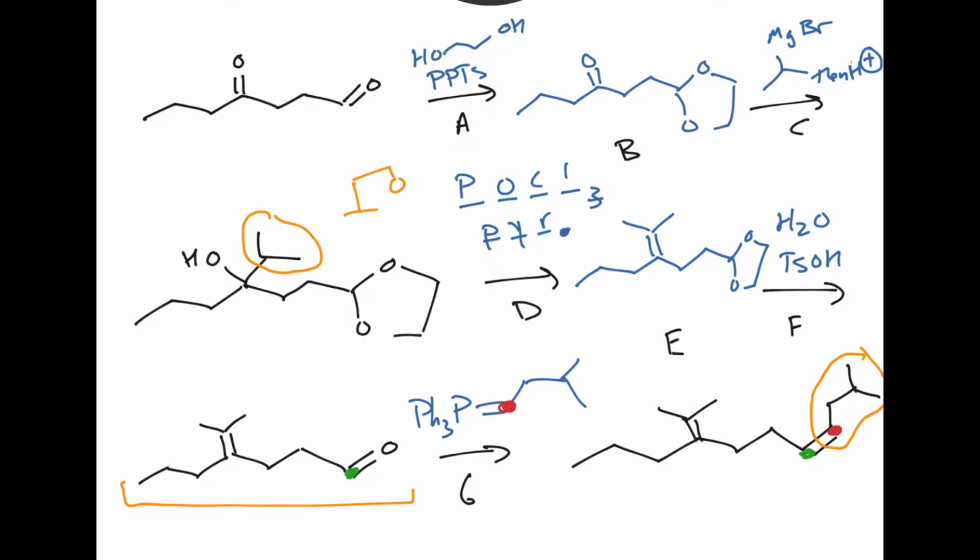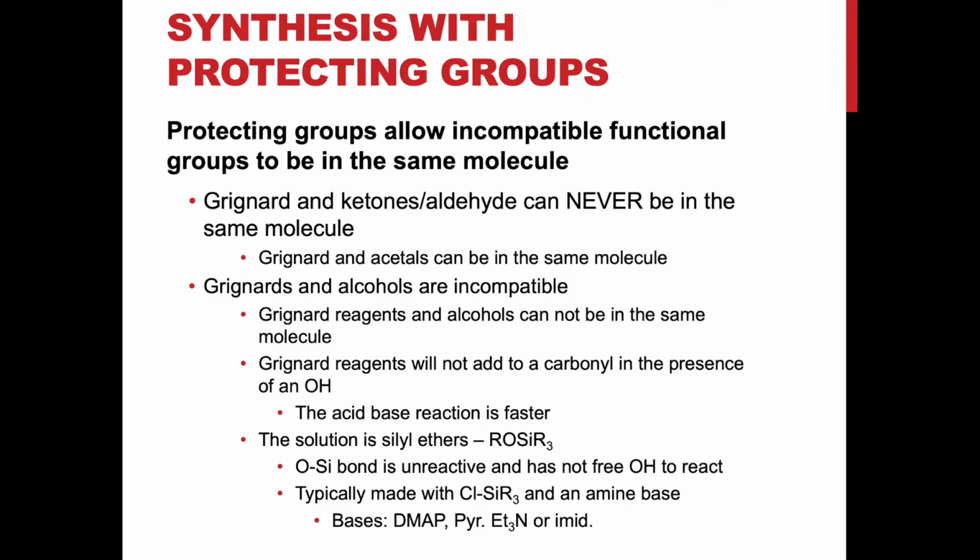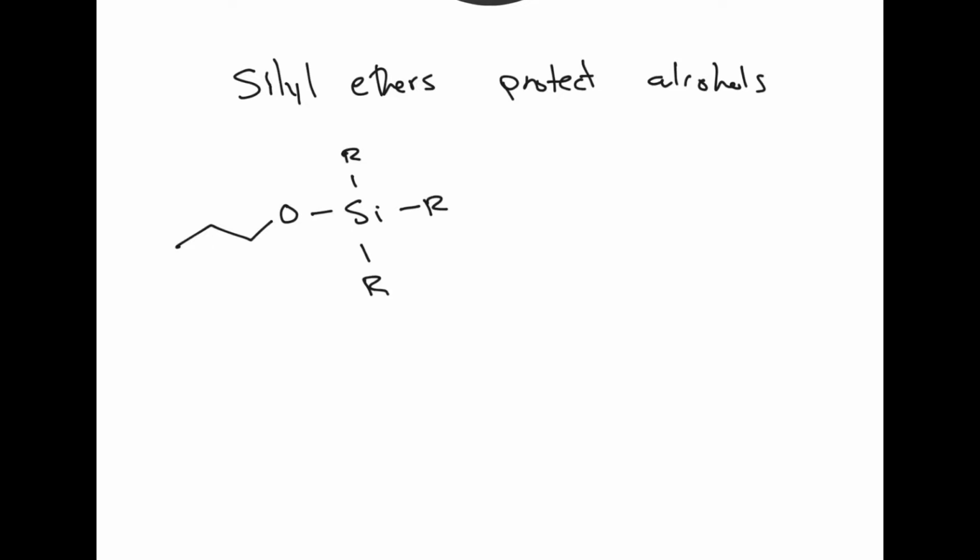Okay. So we left off, we were talking about protecting groups, and we got into silyl ethers, right? The protecting groups for alcohols. So that is, you've got some carbon chain, and you've replaced the H on the alcohol with a silicon, right?